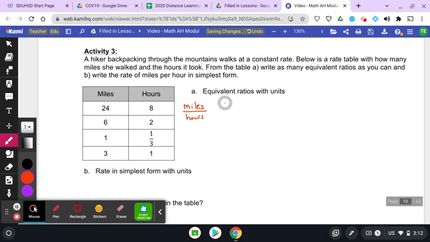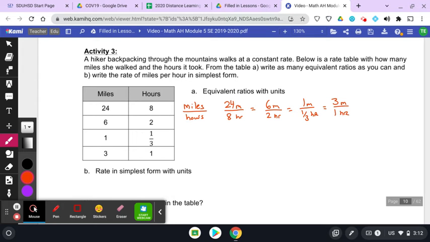And we see that we have 24 miles in 8 hours, which is the same as 6 miles in 2 hours, which is the same as 1 mile in a third of an hour, or 20 minutes, which is the same as 3 miles in 1 hour.